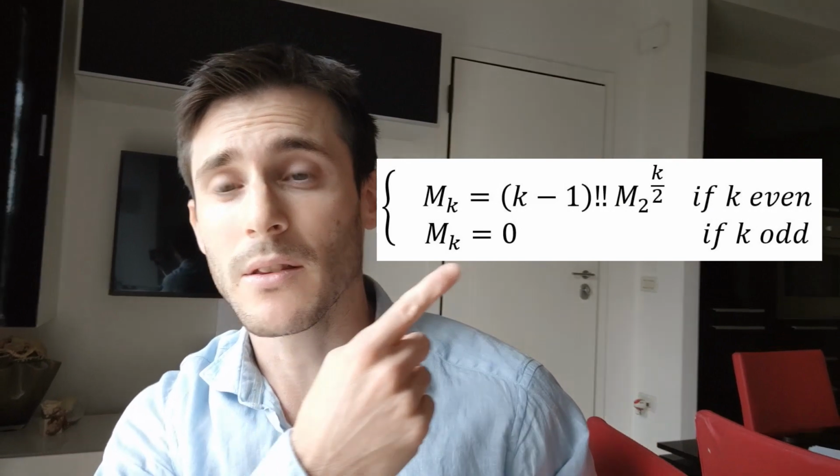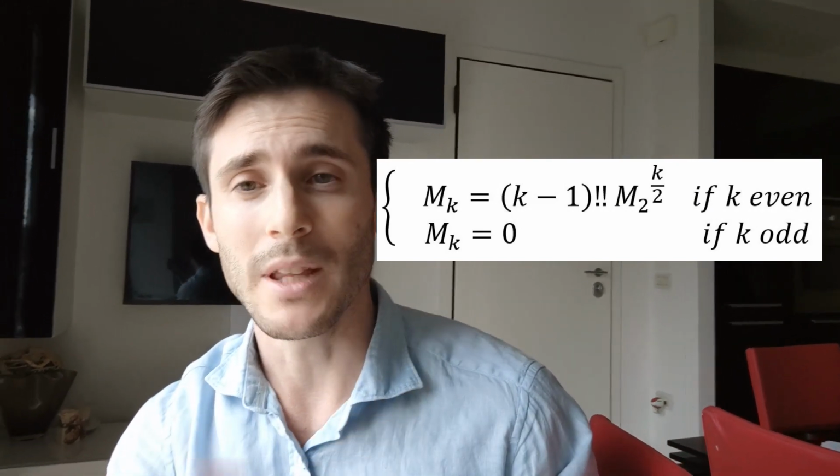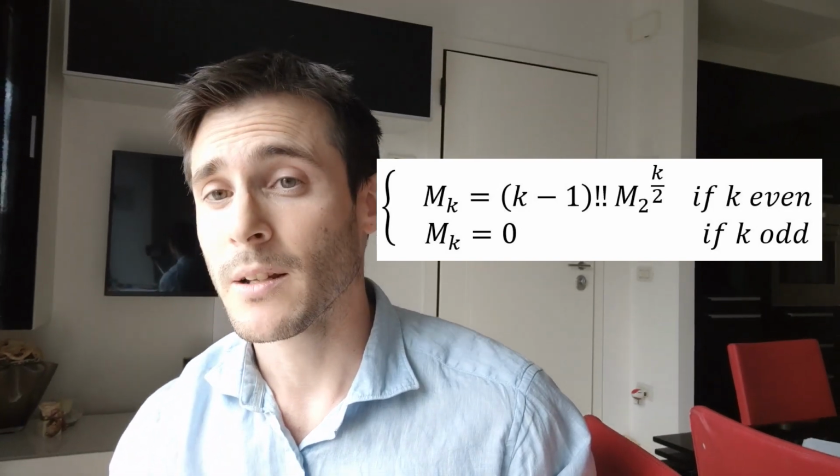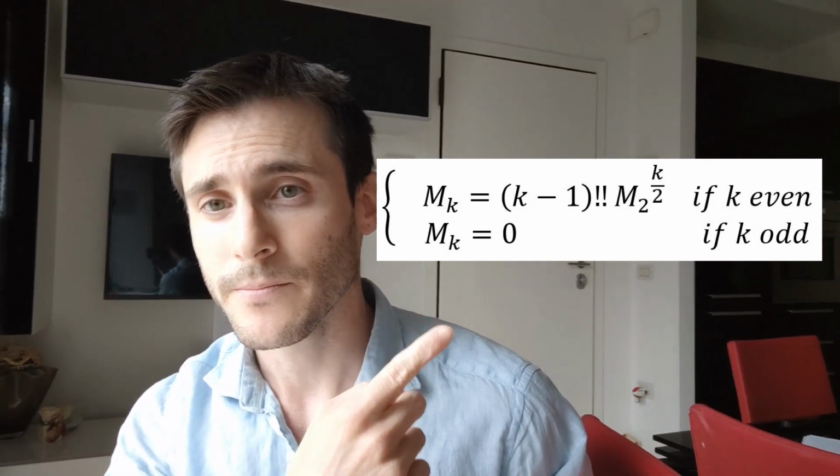If the signal x of t has a narrow bandwidth and its phases are uniformly distributed, it is possible to show that the moments have the following form. So that complicated formula that I gave you earlier can be simplified to this form.